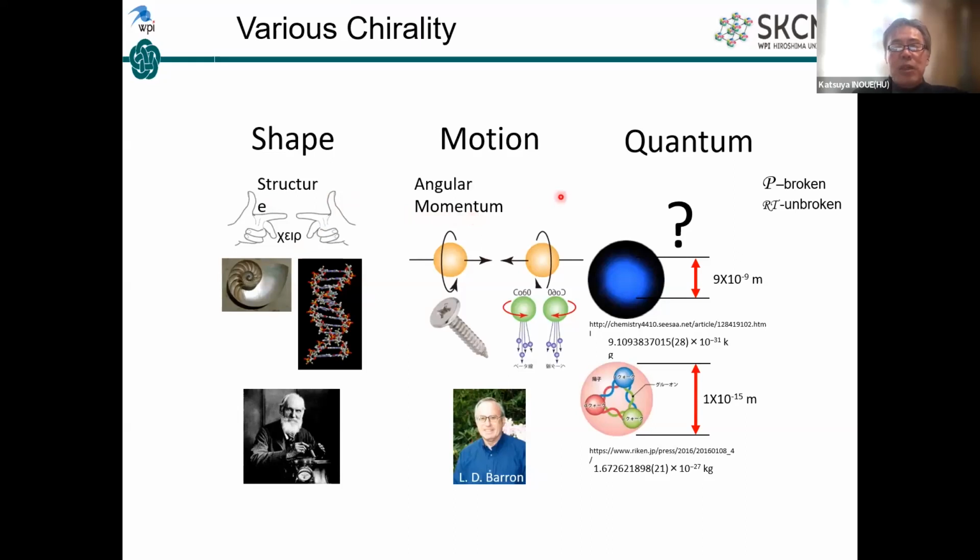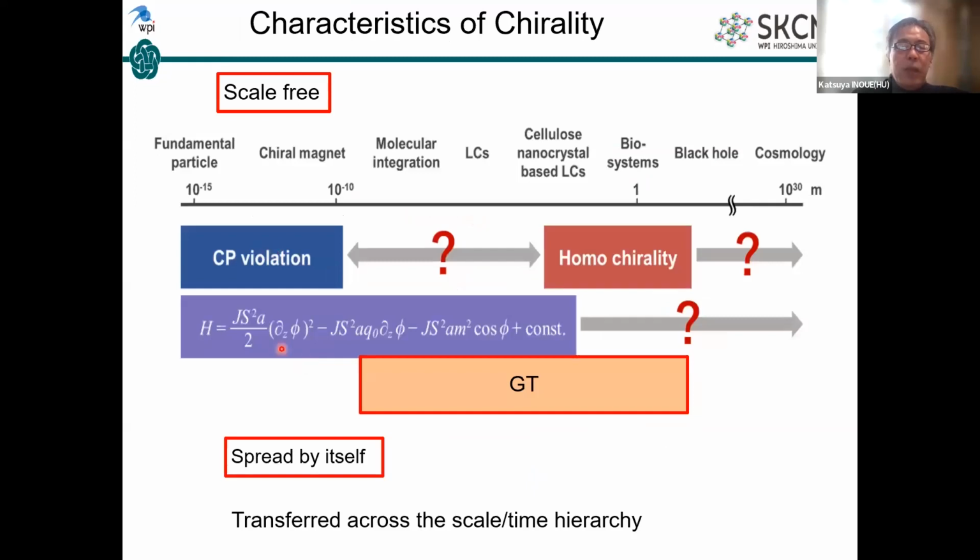We can also consider quantum chirality in this case. Let's move to a further smaller world. Now here we find the spin chirality and the crystal chirality are already joined.